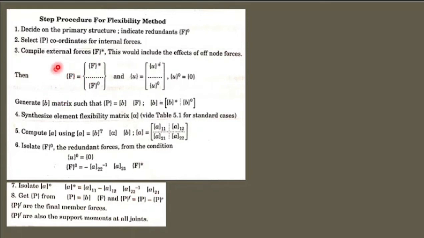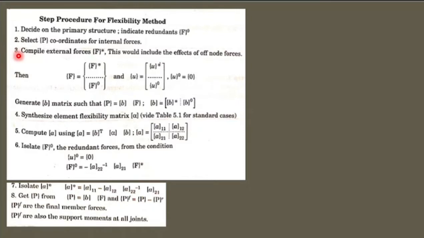And force is generally split into external force and redundant force. This is highlighted by the dotted line, and after finding this F0 and F star, you have to find the B matrix, that is the beta matrix. In some textbooks you have the letter beta, and in some textbooks you have the B matrix. So you have to find the B matrix.